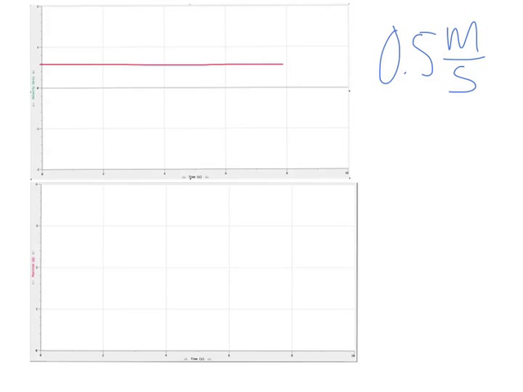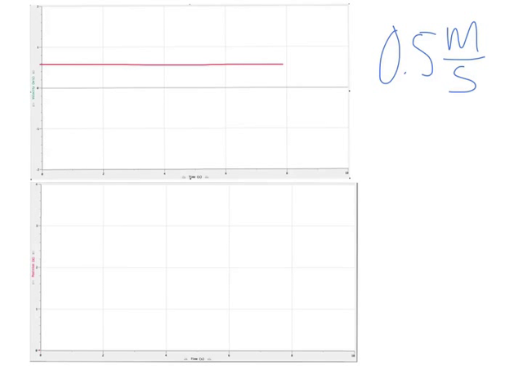So at the start, I'm going to start at the origin, so I'm going to start right here. But how far will I have gotten in 8 seconds if I'm going 0.5 meters per second? 0.5 meters per second means every second you go half a meter. So I could ask myself, well, if I'm going half a meter every second, how far will I get in 8 seconds?